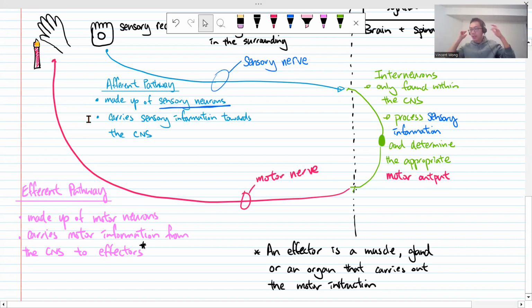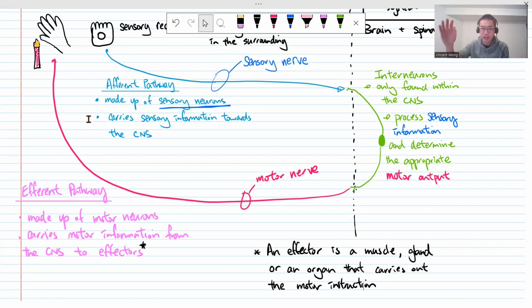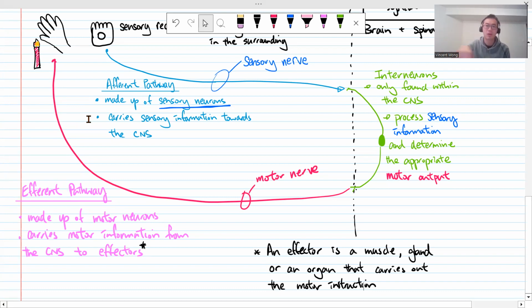Sorry about that. Okay, so tell me, how else would you feel after you get burned accidentally? Think about the last time this happened to you. So that you remove your hand, that's what this describes. How else do you feel? Pain. Yep. So there's going to be pain, which also is part of this pathway, as you will see.